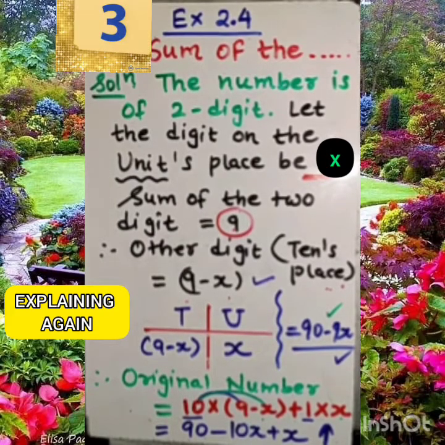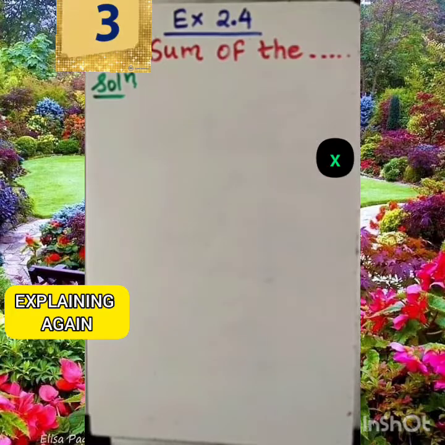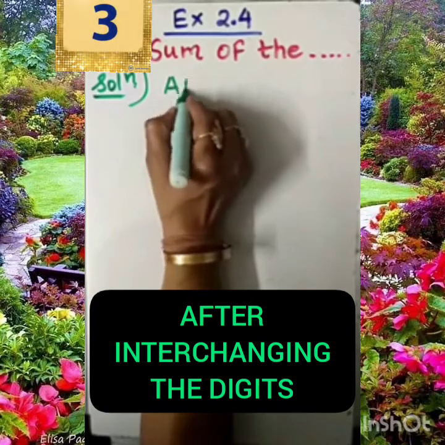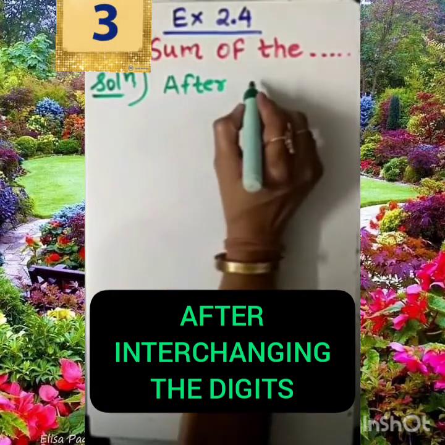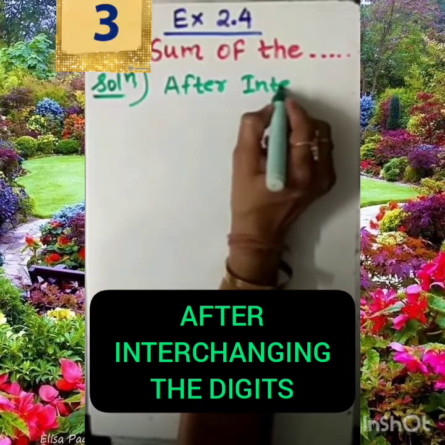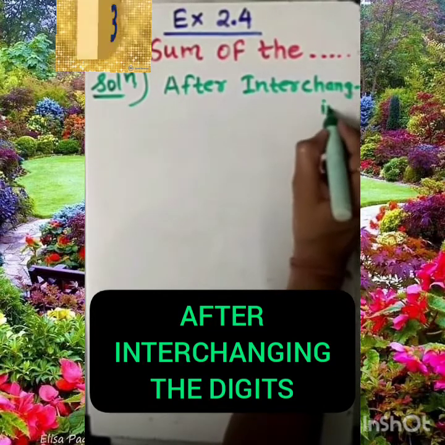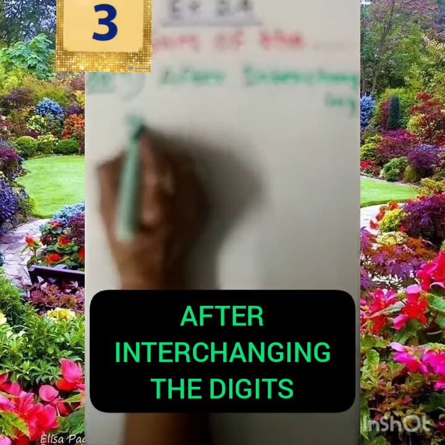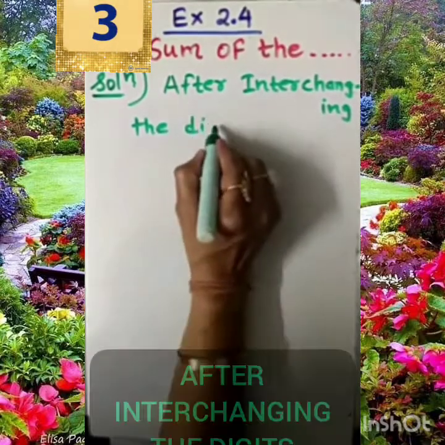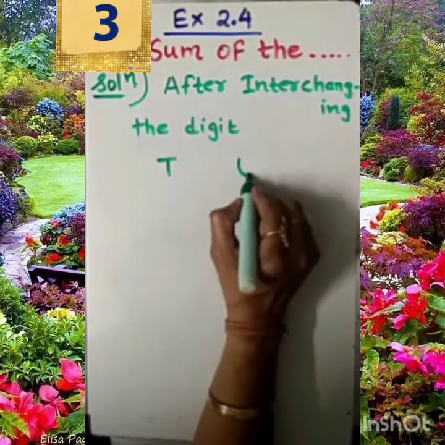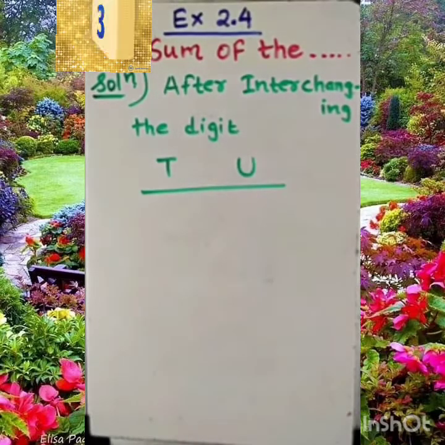Let's work out further. After interchanging the digits, okay? What does it indicate? The tens place digit and unit place digit we are changing.